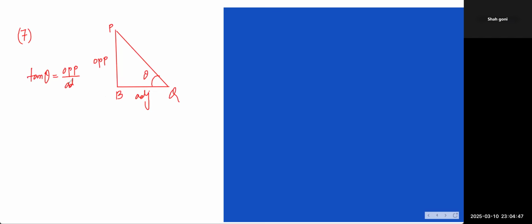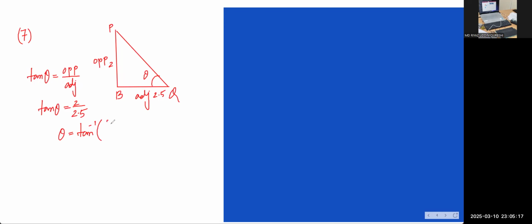Opposite is 2 and this is 2.5, which we got just now. So tan theta equals 2 by 2.5. Then theta equals tan inverse of 2 by 2.5. How much is it?